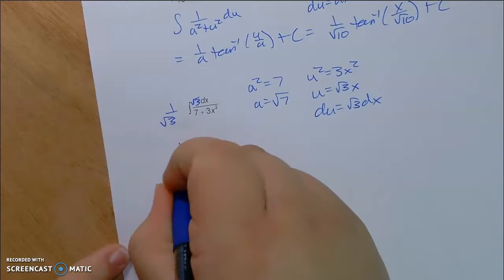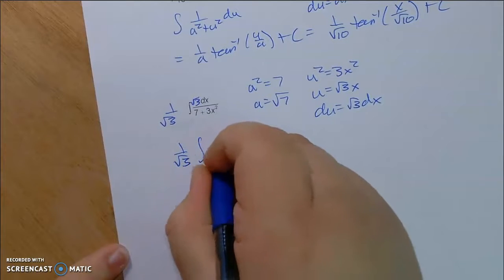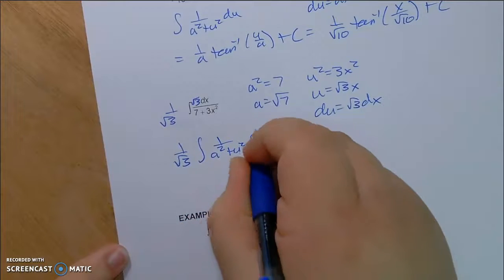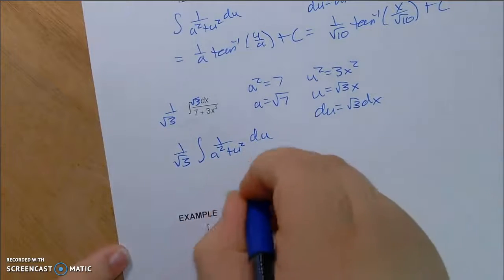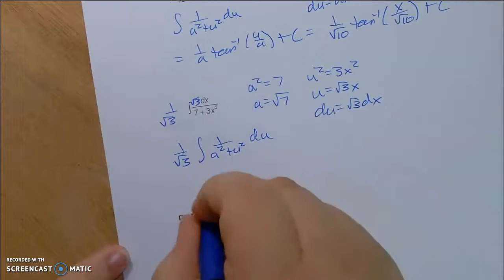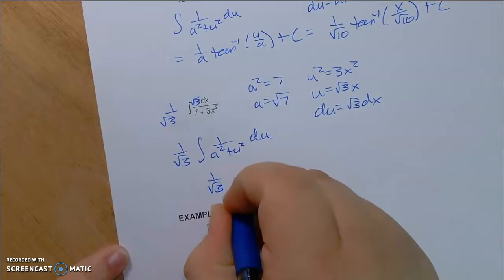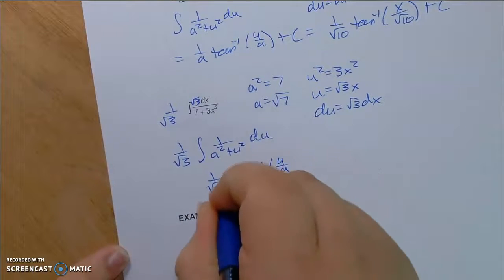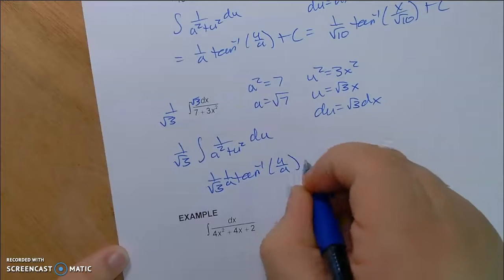So I have 1 over root 3, integral of 1 over a squared plus u squared du. This is inverse tangent. Oops, forgot my 1 over a.